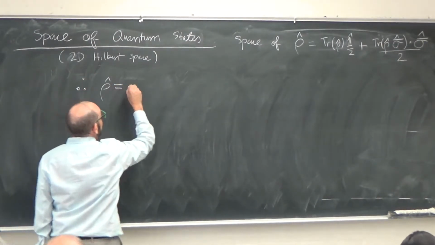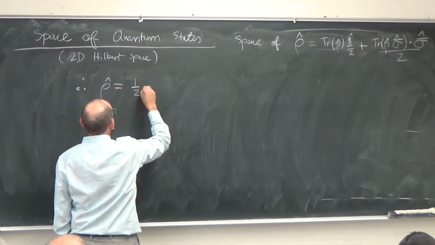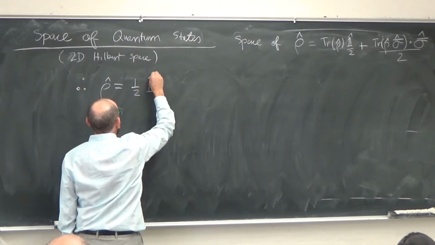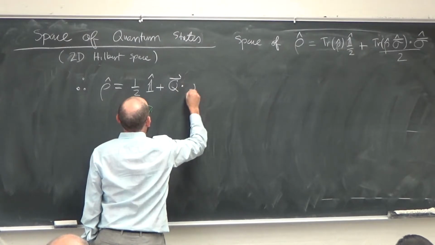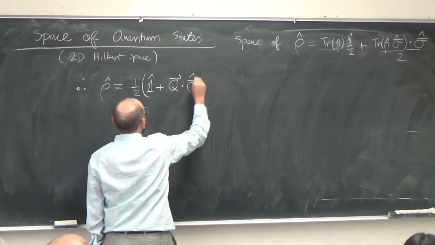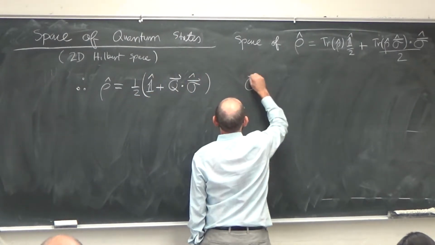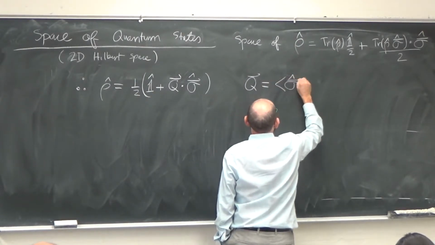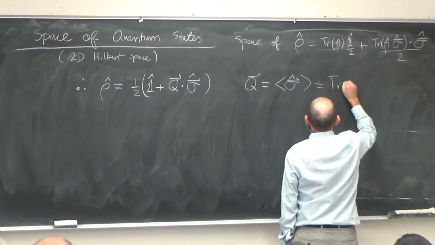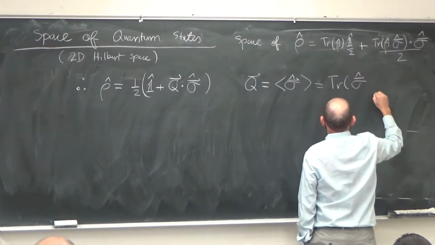So, therefore, rho is equal to 1/2 the identity plus a vector q dotted into sigma, where q is equal to the expected value of sigma, which is the trace of sigma with rho.